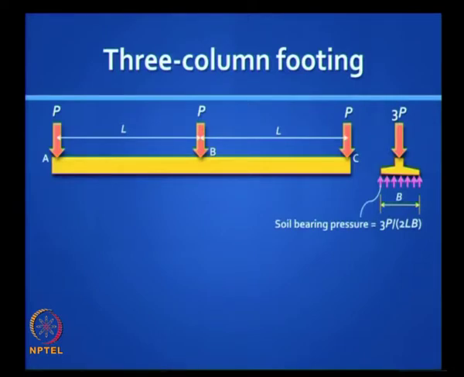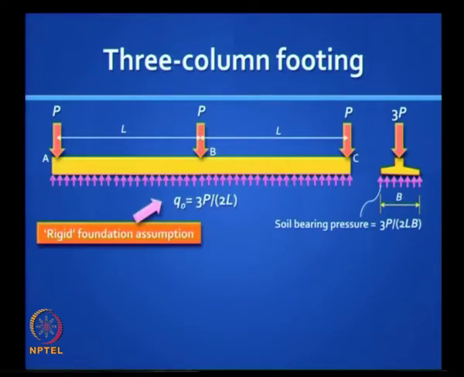this is called the rigid footing assumption. You assume that the soil pressures are uniform, and so if the total load is 3P, and if the width of the footing is B and the total length is 2L, then the total area in contact with the soil is 2L into B, and that's your soil pressure.